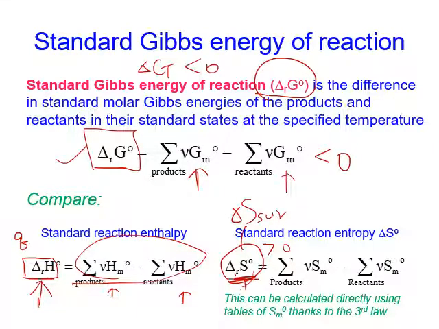To calculate, we use the standard formation enthalpy of the products minus reactants, because the standard enthalpy itself is not known. We don't know the standard enthalpy. Similarly, here, even though we define reaction Gibbs energy by the standard Gibbs energy of products minus reactants, these are unknown. We don't know them, and therefore we are going to define the standard Gibbs energy of formation in the next slides, just like the enthalpy.